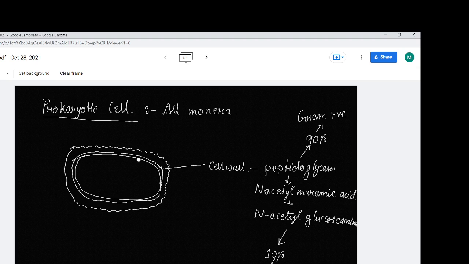Then inside the cell wall, there will be plasma membrane. The plasma membrane composition is similar to that of the eukaryotes, having a lipid bilayer. So the outer layer is a slimy layer or a capsule, and the innermost one is the plasma membrane.